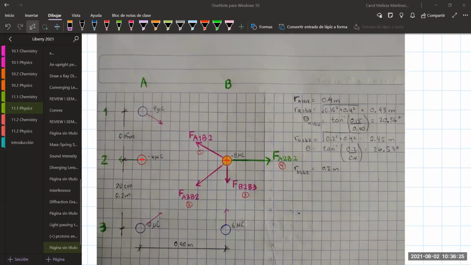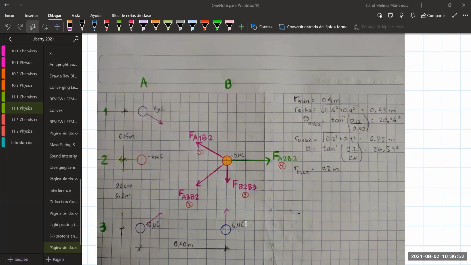So when I have two charges that are negative, that means same kind of charge, I have repulsion. And when I have repulsion, that means that these particles want to be as far as possible. That's why this force number 4 is going to the right instead of to the left.